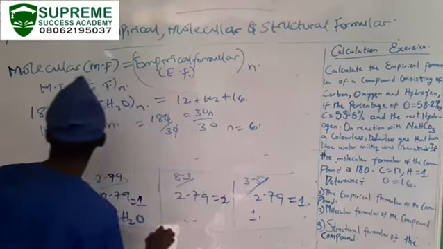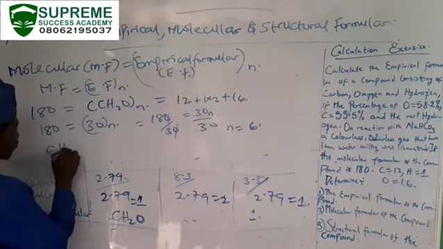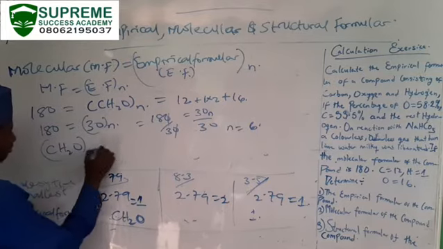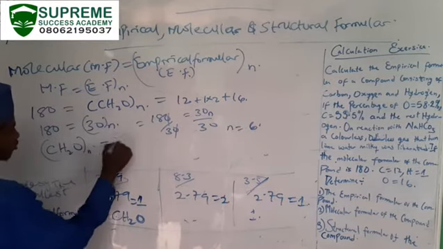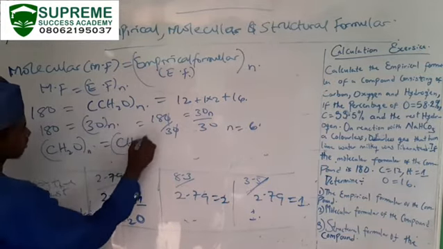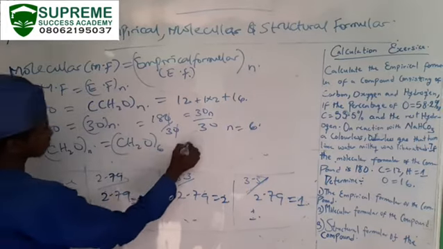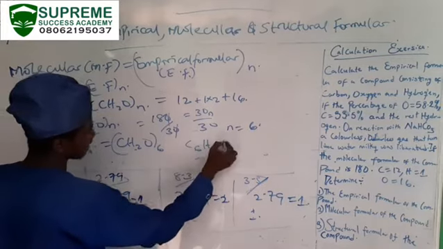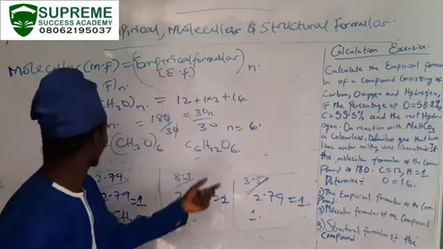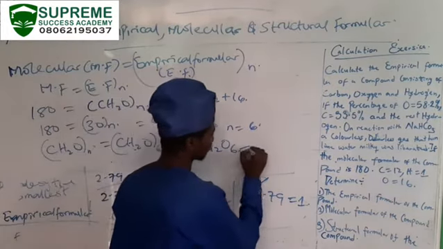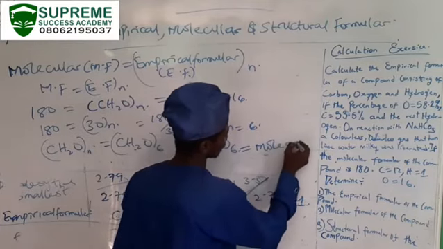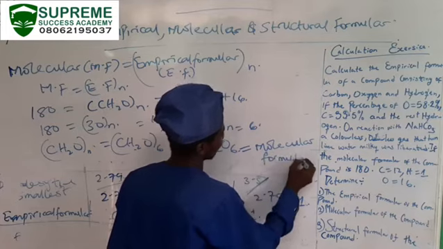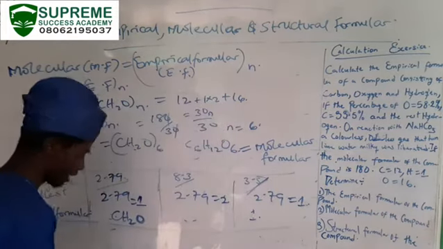So CH2O into brackets N, anywhere we see N, we put 6. CH2O into bracket 6: carbon 6, hydrogen 2 times 6, that is 12, oxygen 6. So this is our molecular formula, C6H12O6.